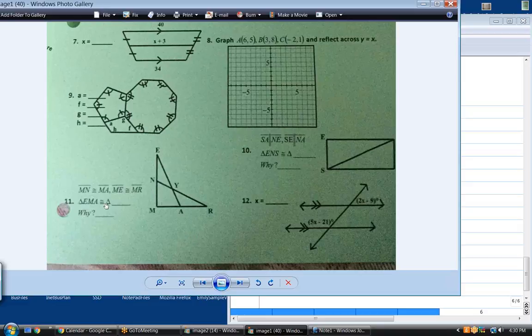But it's a funny question because what is EMA congruent to? EMA is congruent to RMN. Yeah, why? Because of side angle side. Not really. It's because they're the same angle. In other words, it's because of the reflexive property.